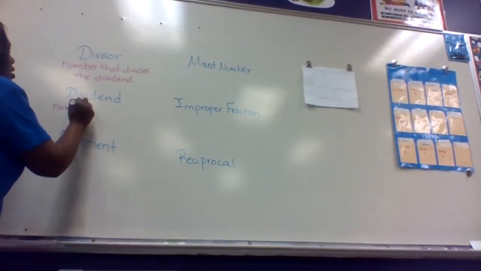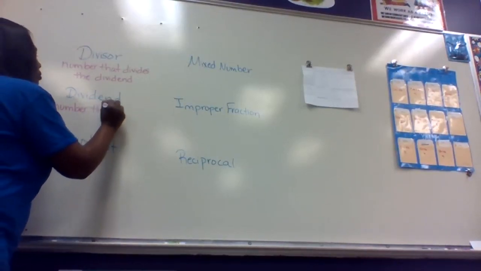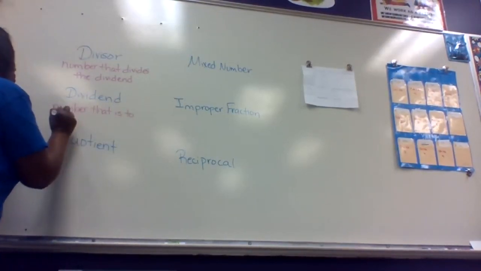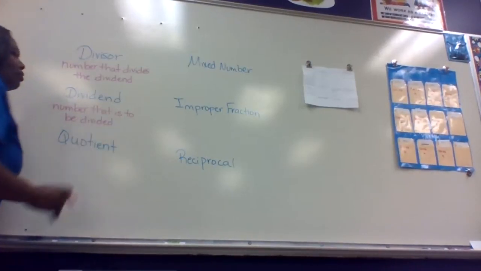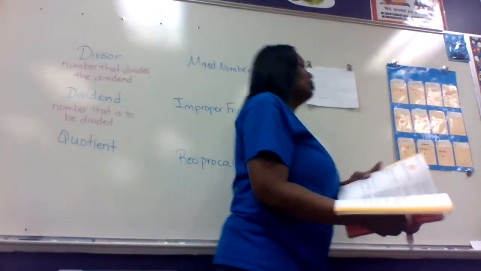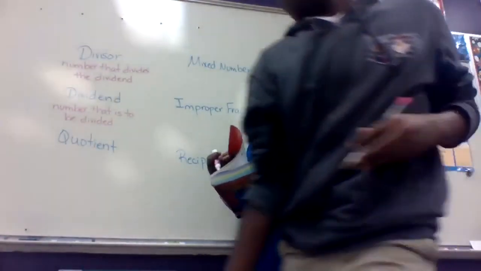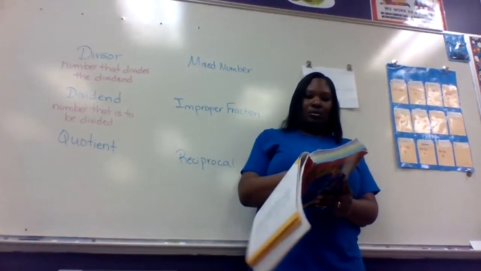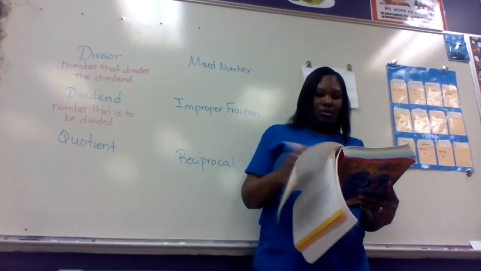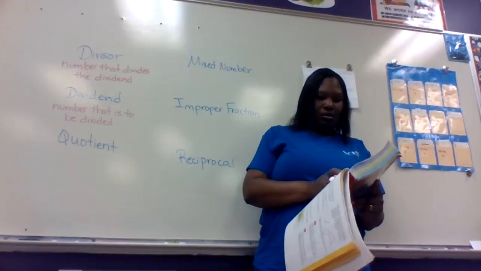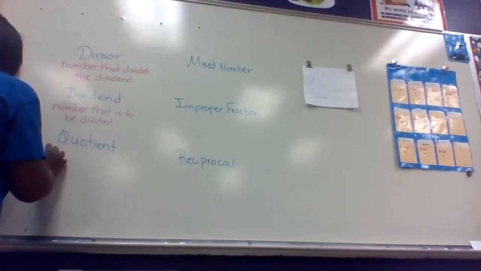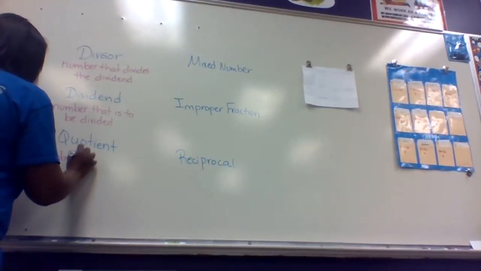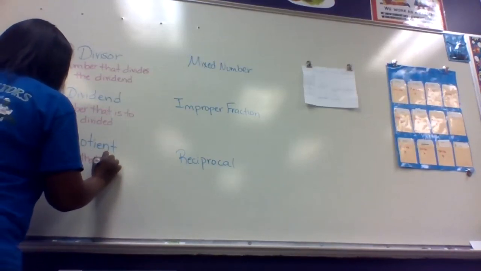The dividend is the number that is to be divided. The quotient is the number that results from dividing. And the result is your answer.